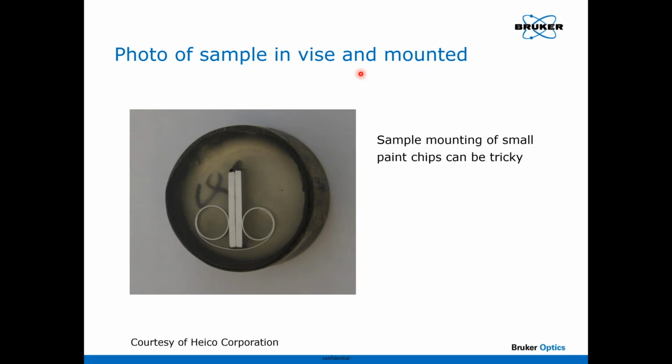This is one of my favorite examples. Now I have something that I want to look at. It's a very thin multi-layer sample, and you can get these clips at the same place I just mentioned, and then you just clamp it with the clip, and then you can drop the whole thing into a methacrylate.